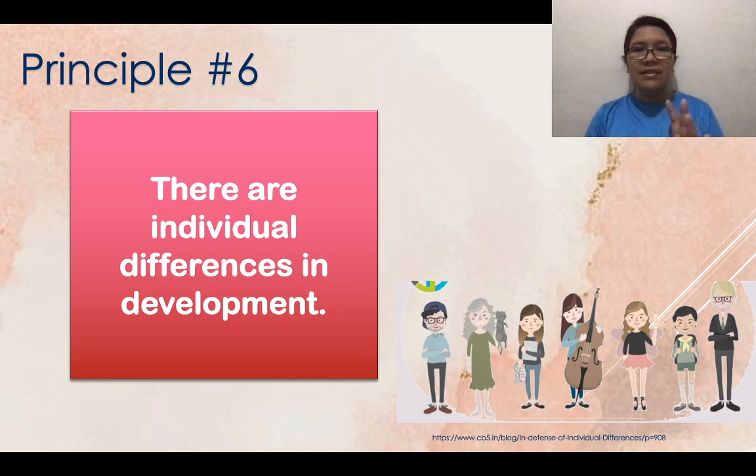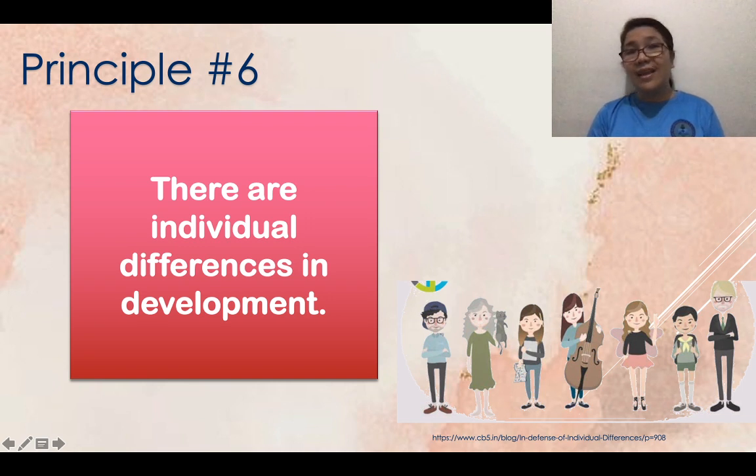And all these differences in development are often ascribed to both genetic and environmental influences, where each individual is either born or exposed to varying factors. For example, physically, if the parents have blue eyes, naturally the children will have blue eyes, but we can also see individual differences in the siblings.